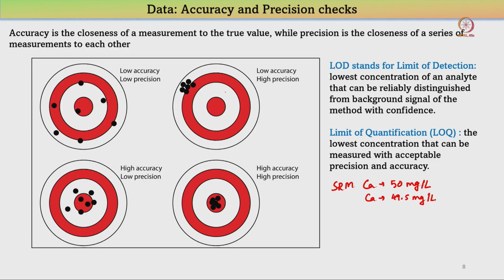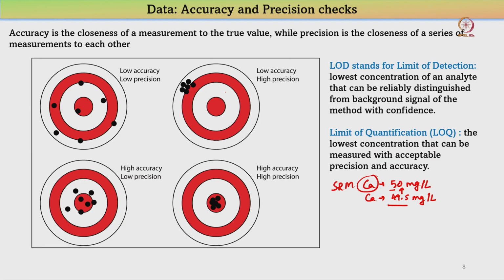I know this 49.5 value is very close to 50 milligram per liter. So that is my accuracy, how accurately I can measure a particular element close to its true value.